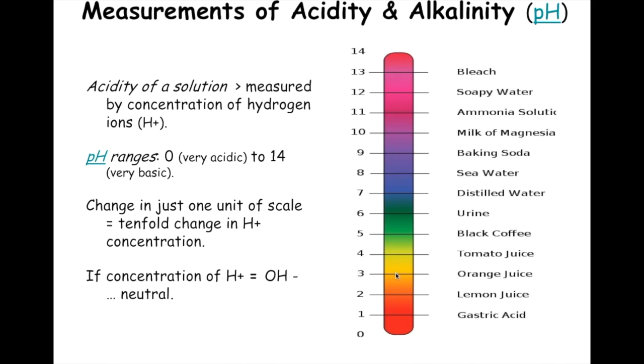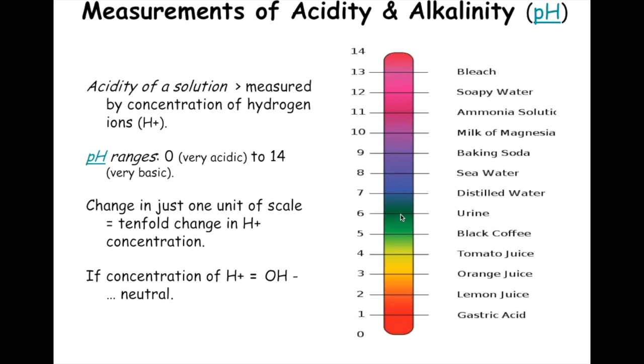And the other thing that I need to know is, because this is a logarithmic scale, which you probably won't have much with logs until pre-calculus or algebra 2, but what happens here is that if I go from a 6 to a 5, that's actually a jump by tenfold. So coffee has 10 times more hydrogen ions than urine, which is pee.